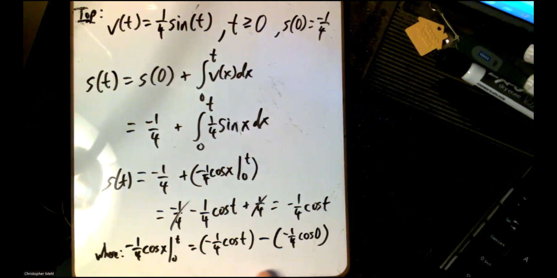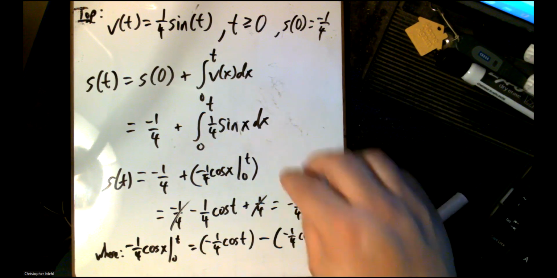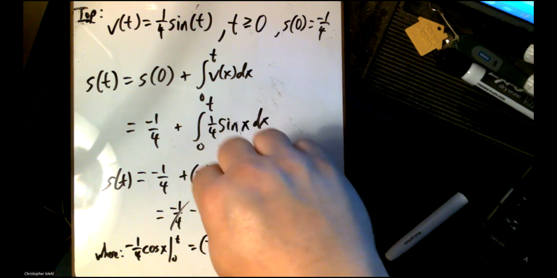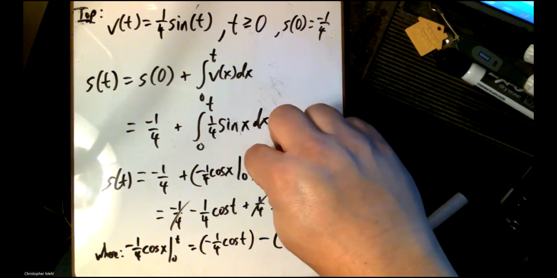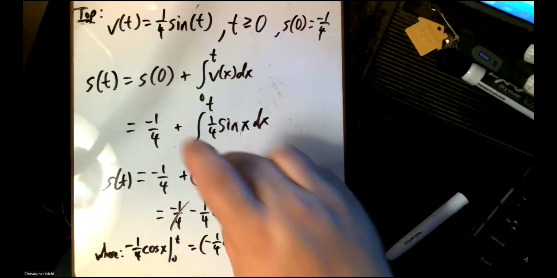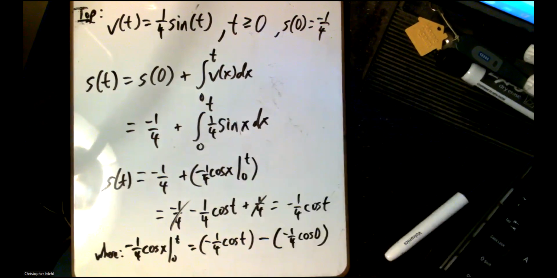So be careful. It's easy to make mistakes with the signs in these things. Make sure you're right. This means this evaluated at the upper limit minus this evaluated at the lower limit. Okay, so those are the two ways to look at that problem.